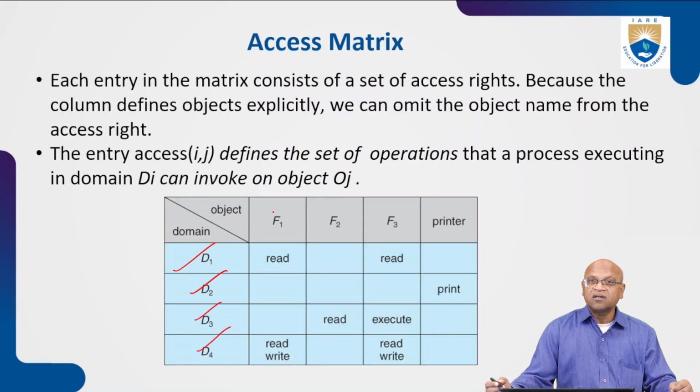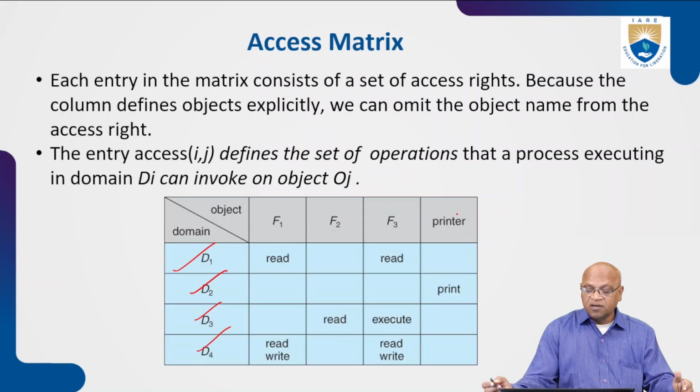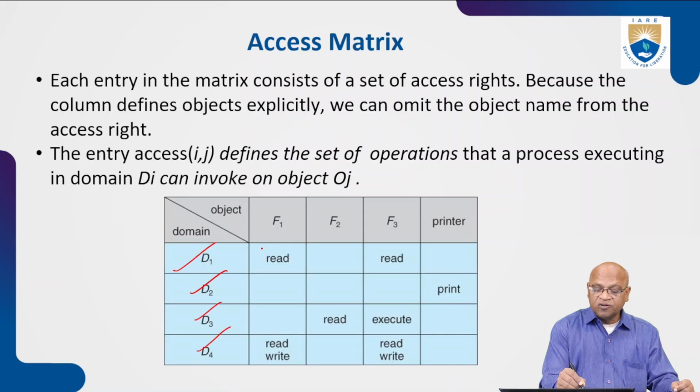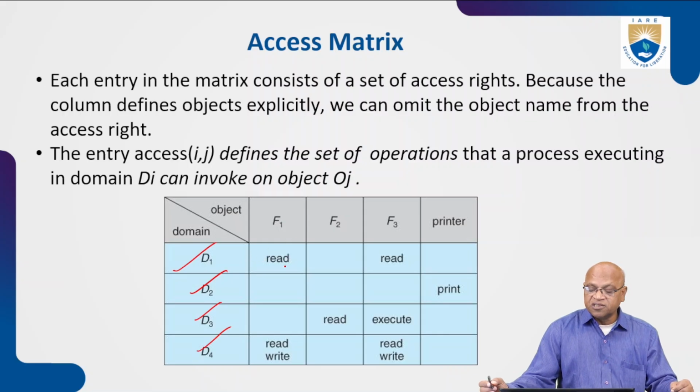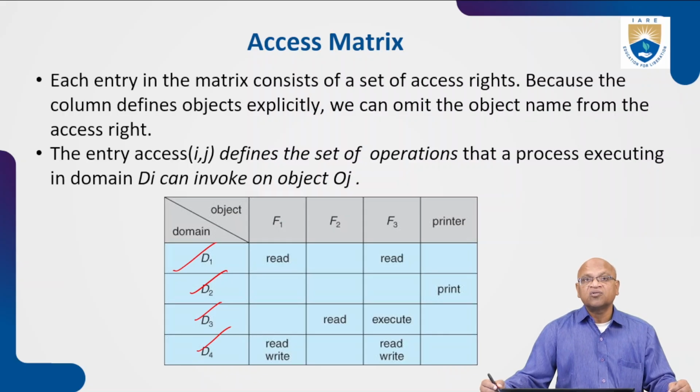These are F1, F2, F3. In domain 1, read permission is there for the F1 object and for the F3 object. So this is nothing but the access matrix, for the diagram we have shown.